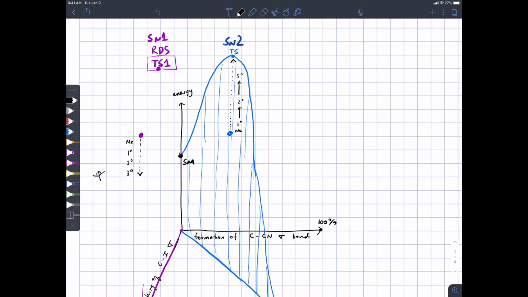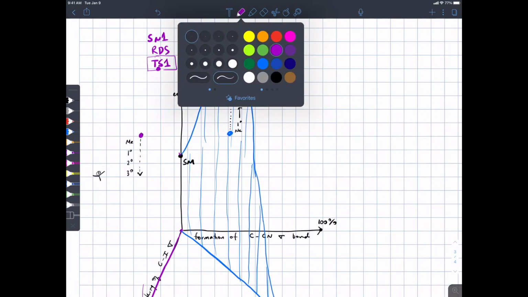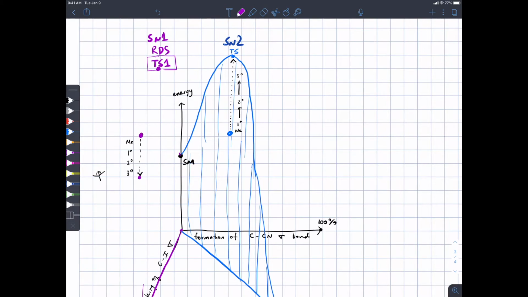So that should lower the energy of the carbocationic intermediate. And that should also lower the energy of the transition state that leads to that carbocationic intermediate.